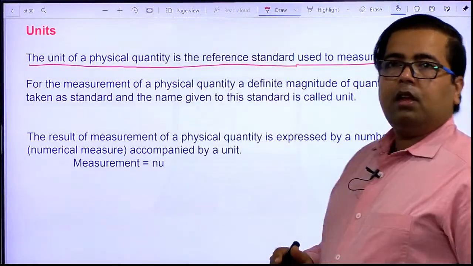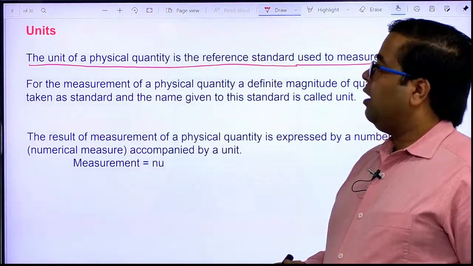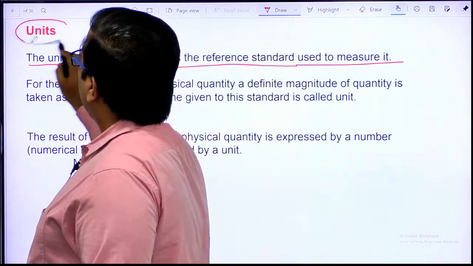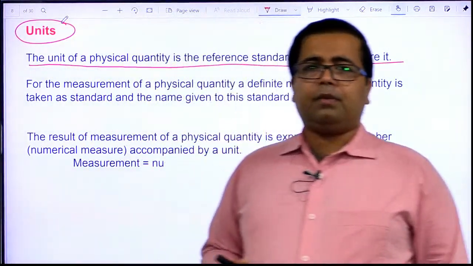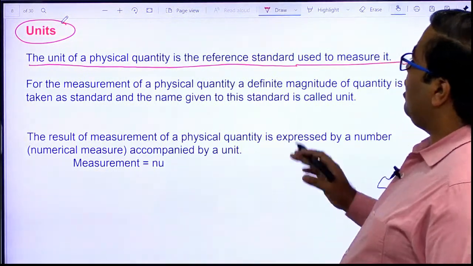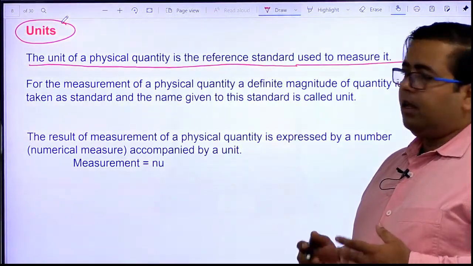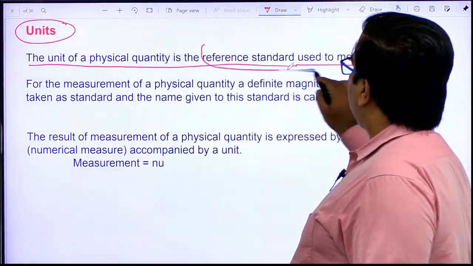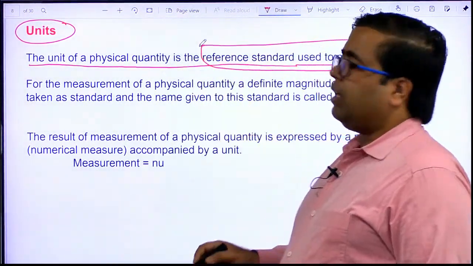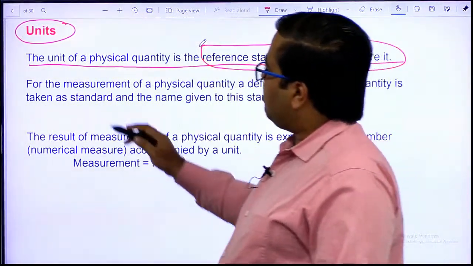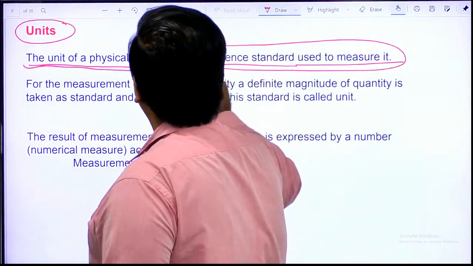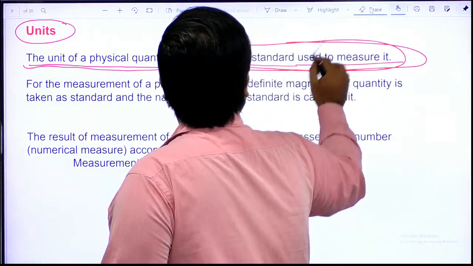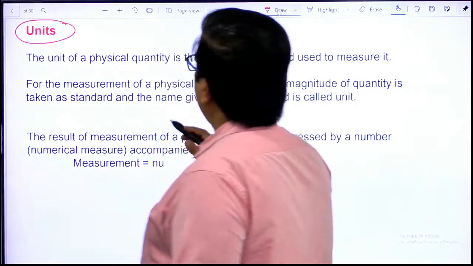Now let's see units. What is a unit? Every physical quantity is represented with some reference. The unit of a physical quantity is the reference standard used to measure it. Every physical quantity has some unit.